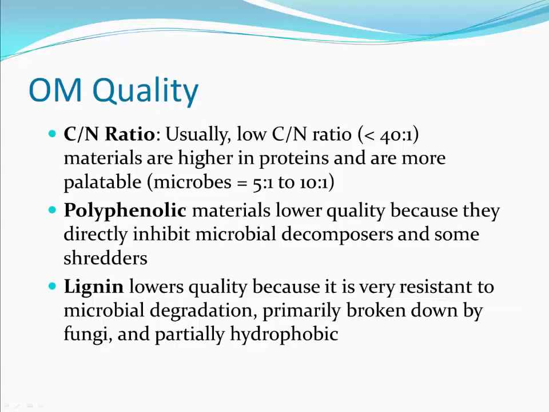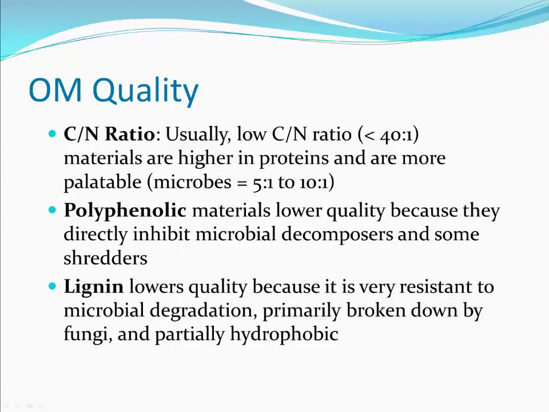Well, what about the organic matter quality here? High quality organic matter has a carbon to nitrogen ratio somewhere between 5 to 1 and 40 to 1. And the bodies of microbes themselves range from 5 to 10 to 1. Polyphenolic materials have lower quality because they directly inhibit the lives of decomposers.